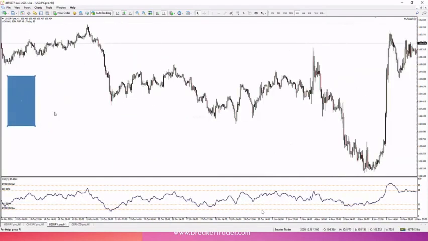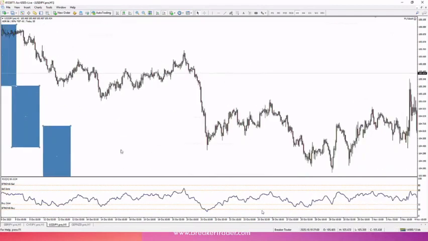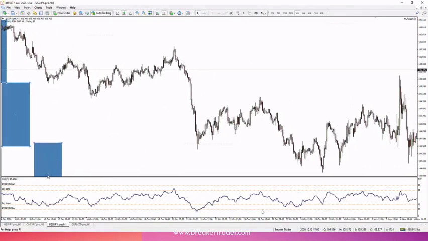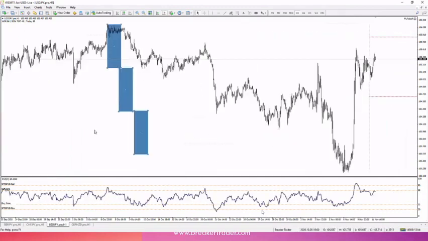Let's get to that one. So it should come down to that level.